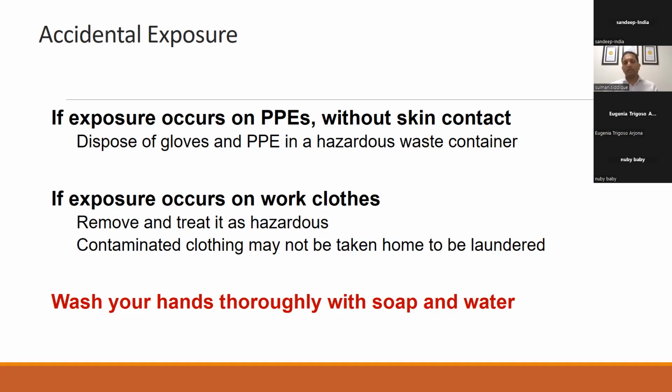Gloves, apron, and the face shield, if you're wearing it, should be disposed of in a hazardous waste container. Usually it's color-coded, so according to your institutional policy, it should go in the chemotherapy or hazardous waste container.